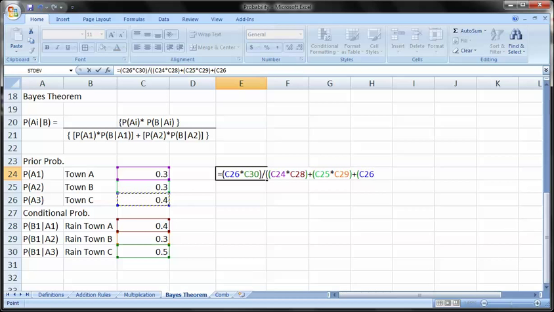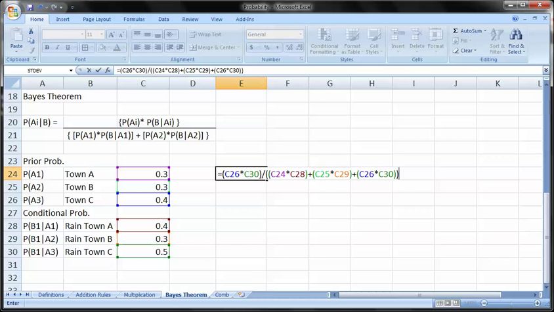It's going to be this guy times the bottom one, parenthesis. And you notice that we're all in green here. We need to have a black one at the end. So it's basically saying we're going to take these 2 times together, put in parenthesis, divide by this times this, plus this times this one, plus this times this one. We add them all together, and then this whole term divided by this whole term.